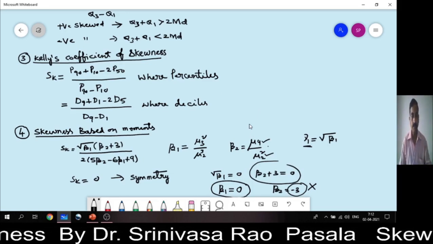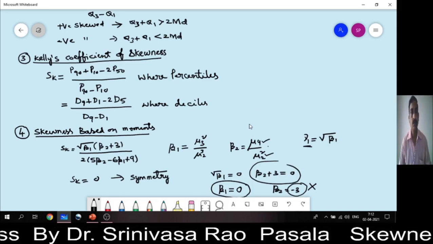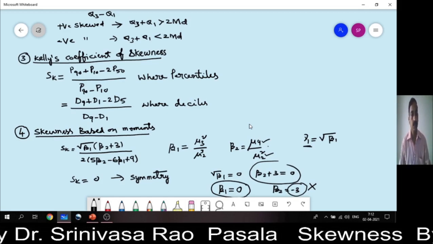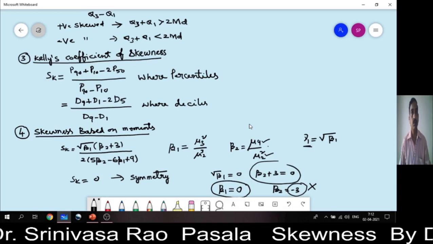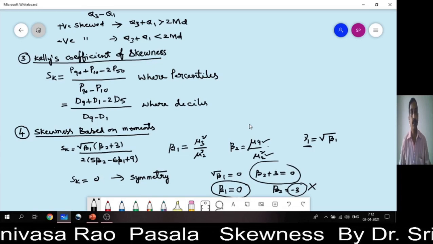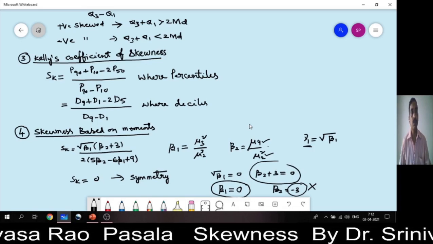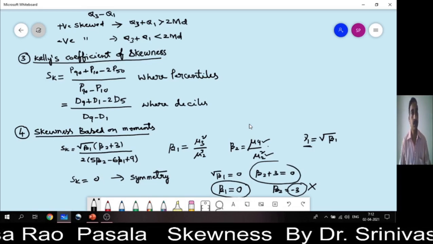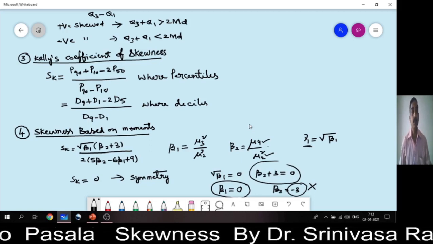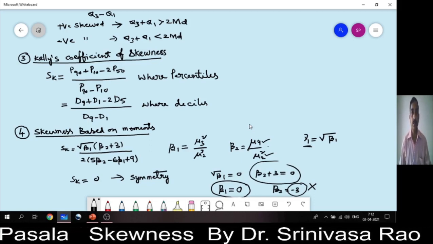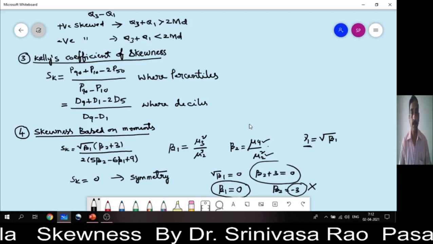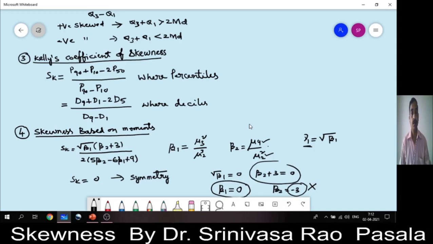And what is the importance and use of skewness? By using skewness, we know the nature and shape of the distribution. Most tests of hypothesis, large sample or small sample tests, are based on the fundamental assumption that the samples are drawn from a normal population or normal distribution.